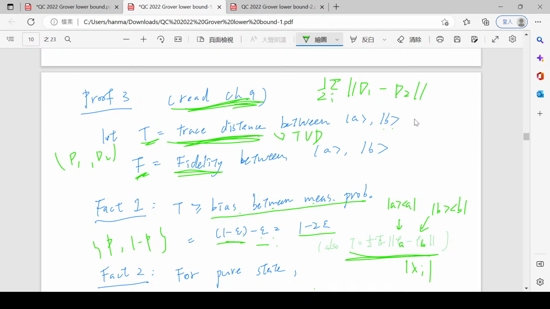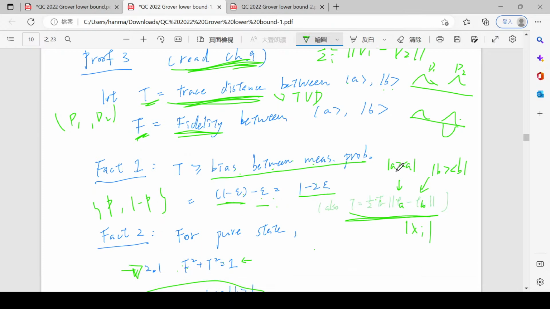If those two distributions have different support, then you take a difference, it becomes positive, negative, but you take the absolute value, so it becomes positive again, and you sum over everything, it should be 2, then divided by 2 is 1. So if your distributions have no overlap, then the difference is 1. And if you have total overlap, obviously the difference is 0. So it is some quantity from 0 to 1.